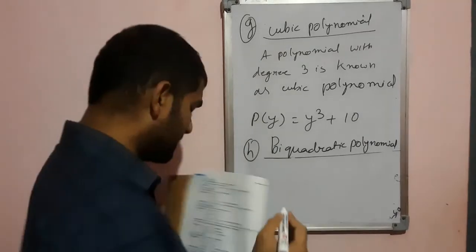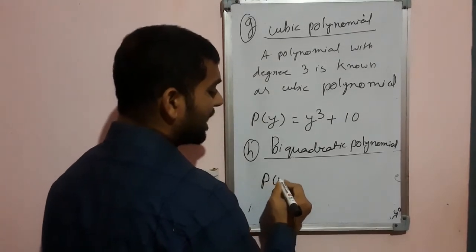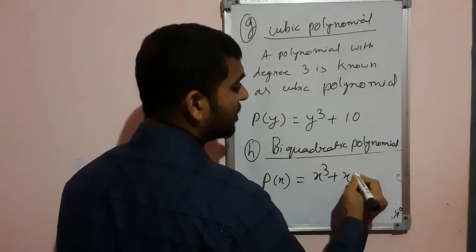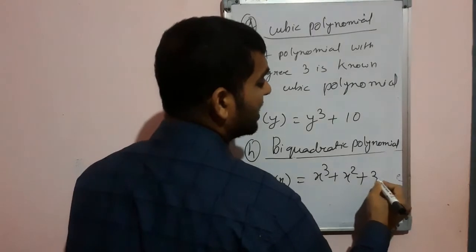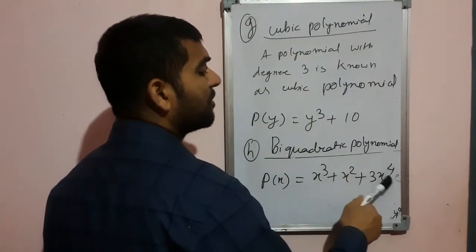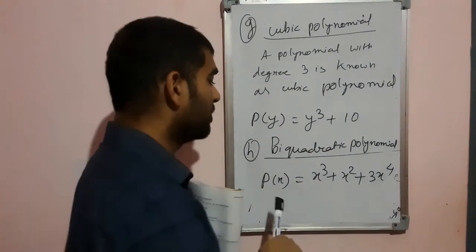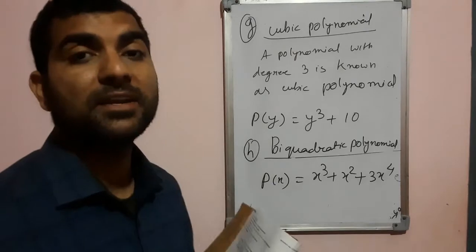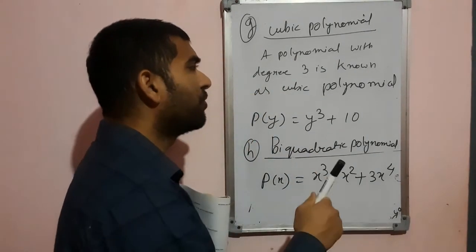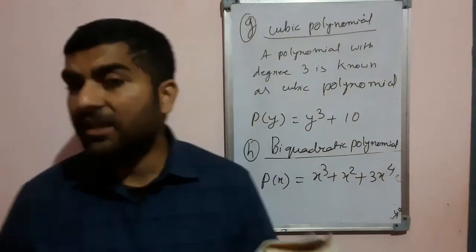For example, you can write p(x) equal to x power 3 plus x power 2 plus 3x power 4. What is the highest power here? 4, and the highest power is known as the degree. So this is an example of a biquadratic polynomial. The definition is similar: a polynomial with degree 4. In the cubic case it was degree 3, in the biquadratic case it will be degree 4.